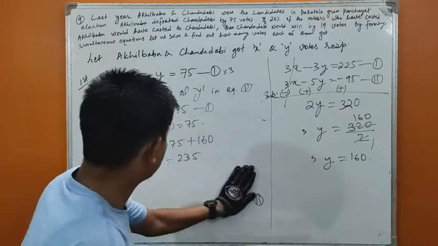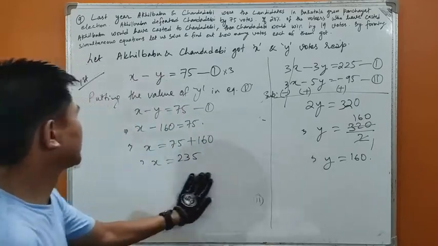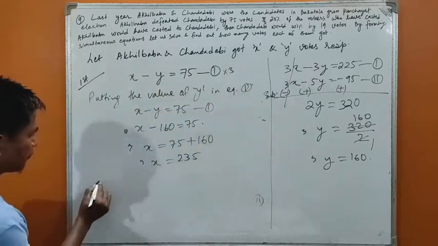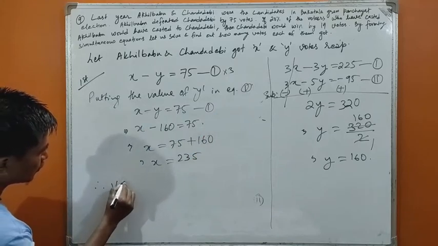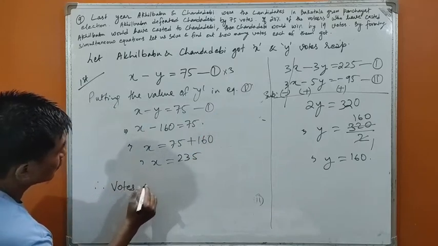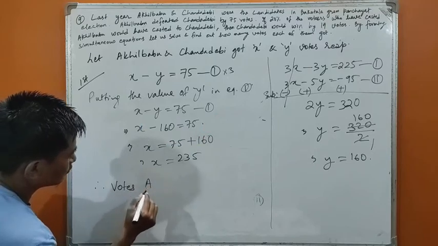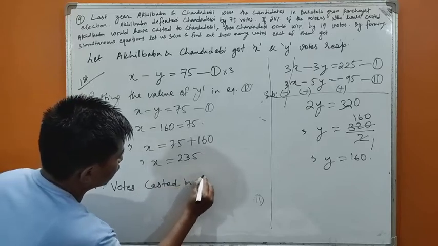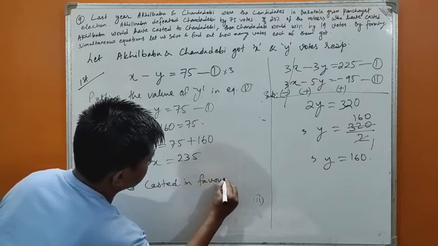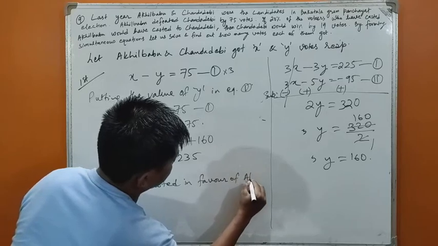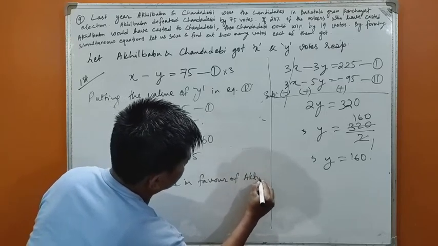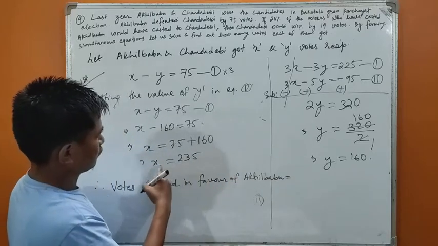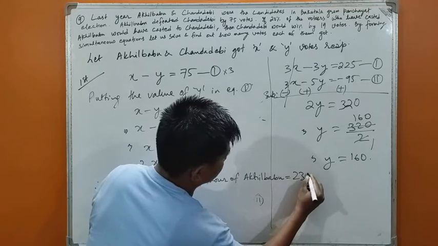235. So X is the total number of votes received by Akhil Babu, isn't it? Akhil Babu, X votes, Chanda Devi, Y votes. Therefore votes casted in favor of Akhil Babu equals 235, okay?